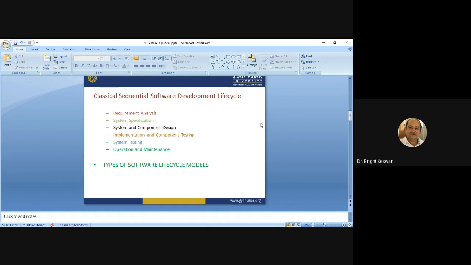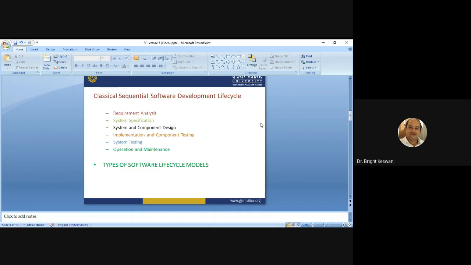The next phase is the implementation and component testing phase. This is the phase where the computer programs are created, and each program is called a unit. As you earlier know, there are several units within a system, and a system is formed through some modules.